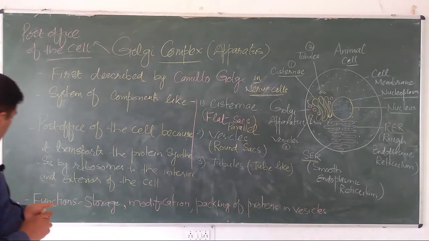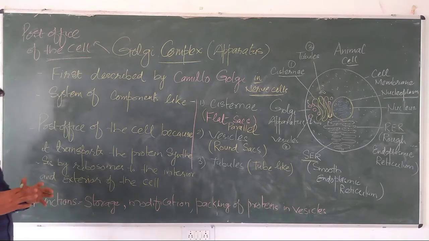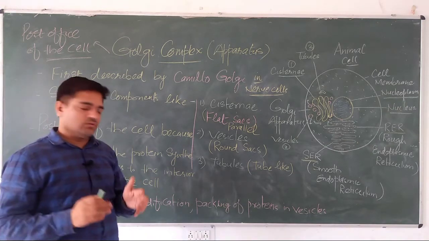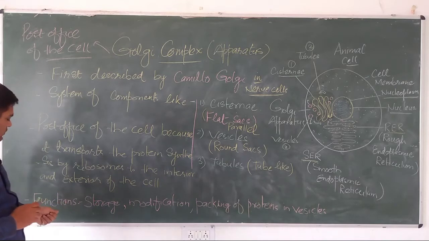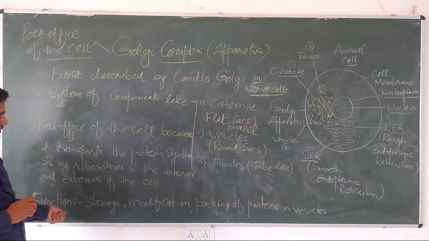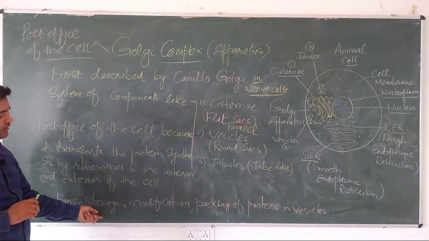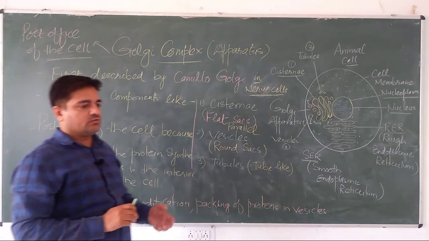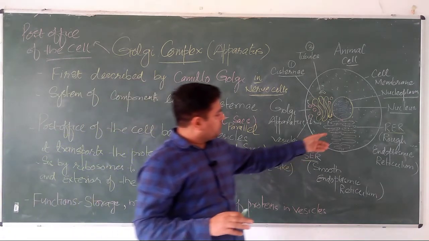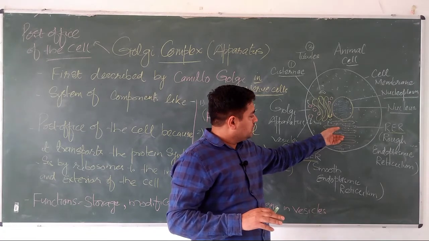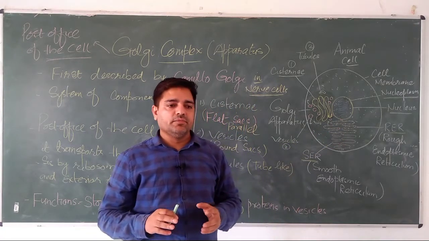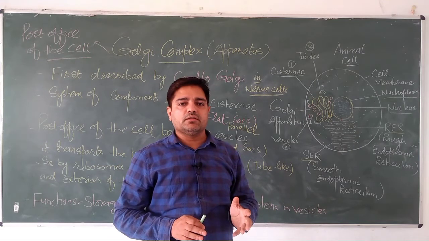Okay. And in short, if we conclude the functions of the Golgi complex, it will be the storage of protein and modification of proteins. Actually, the proteins formed in ribosomes are transported to the Golgi complex.